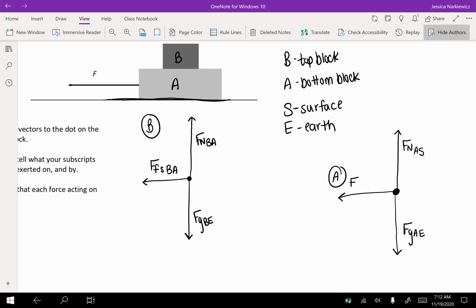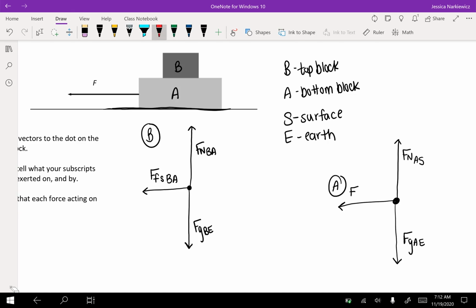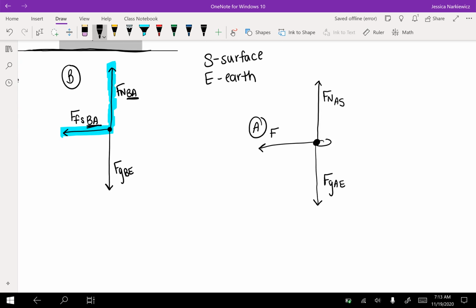Now we might think that those are the only forces, but remember there's these interactions between A and B. So any of our forces that are on B from A need to have a Newton's third law pair on A by B. So really, those two forces, the force of friction and the normal force, because they're due to the interaction between B and A, those are our third law pairs, and they need to have an equal vector but in the opposite direction.